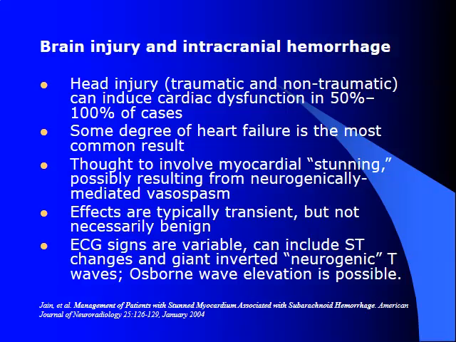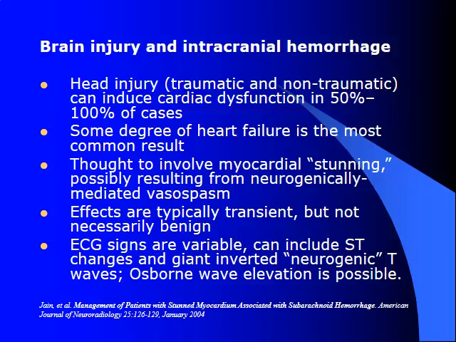All right, we'll talk briefly about brain injuries and intracranial hemorrhages. Head injuries can induce a lot of cardiac dysfunction. There is generally some degree of heart failure in most anoxic and traumatic brain injury patients. It's thought to be the result of myocardial stunning, possibly resulting from some type of neurogenic vasospasm of the coronary arteries.